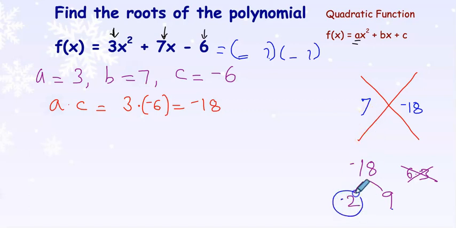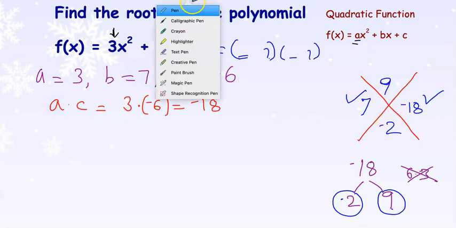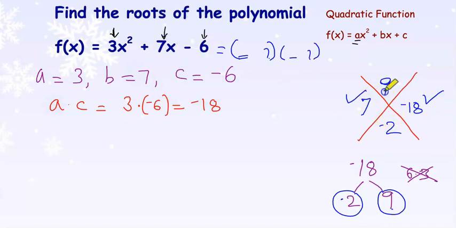I think these 2 numbers will work for us. Let us see. This is my 9 and that is negative 2. 9 minus 2 is 7. Got it. And 9 times negative 2 is negative 18. Everything is satisfied.